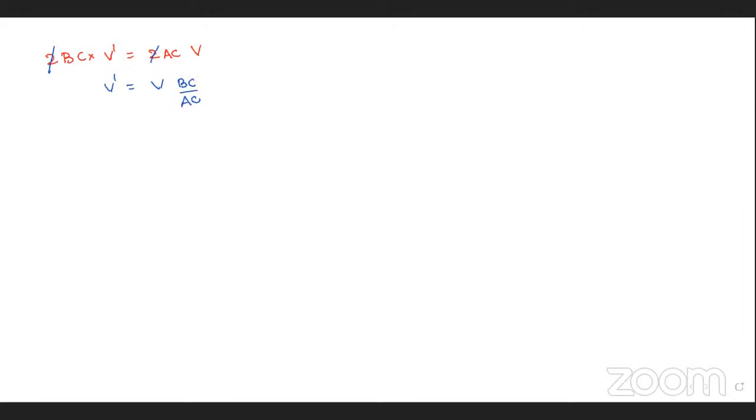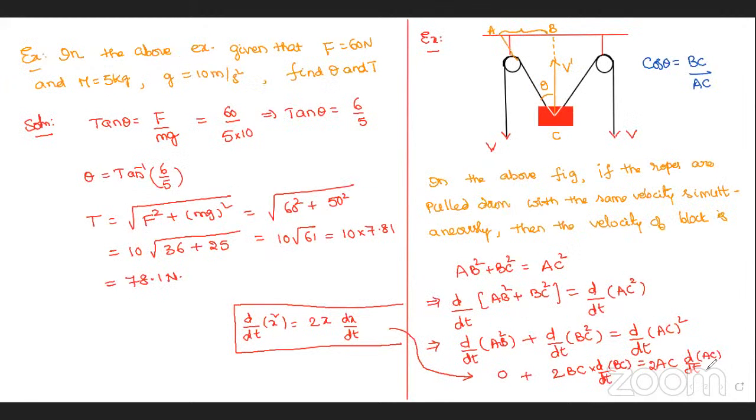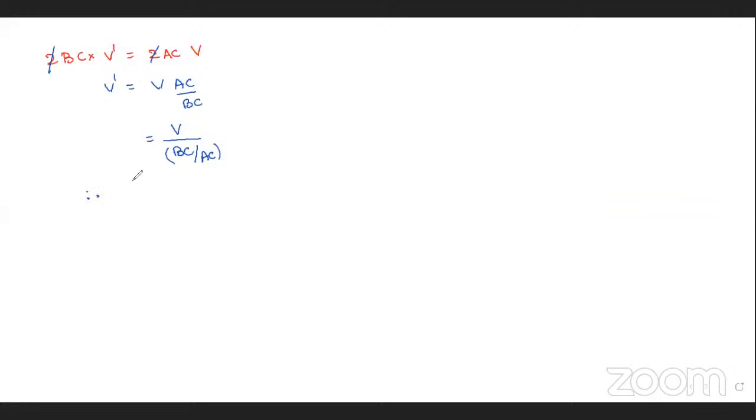I forgot while looking here. V into AC by BC, that is equal to V divided by BC by AC. Now BC by AC I am replacing with cos theta. Therefore, V dash is equal to V by cos theta.